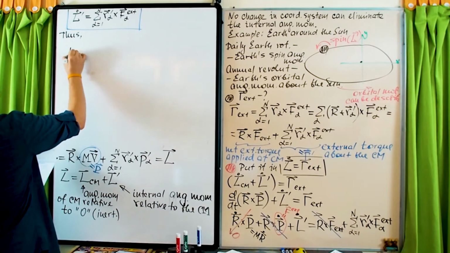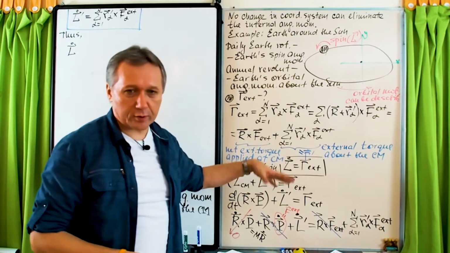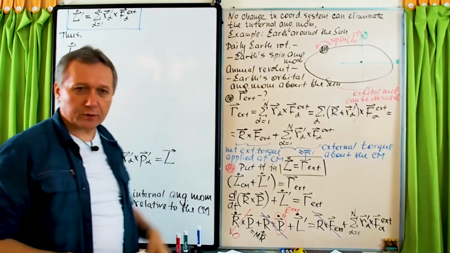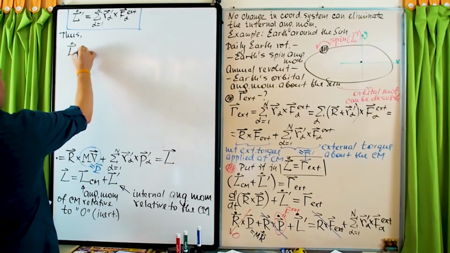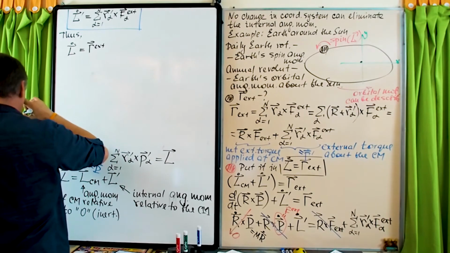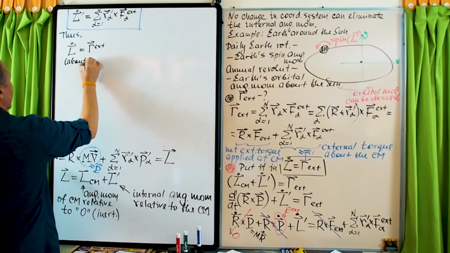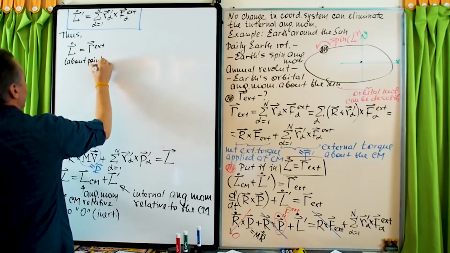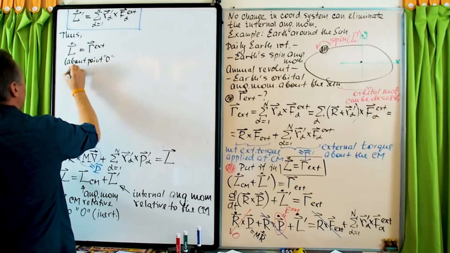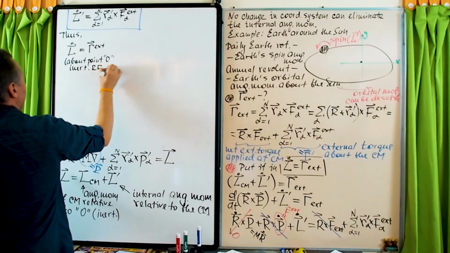So L dot, this is the total angular momentum, right? There are no subscripts, no primes, so it means the total angular momentum equals the net external torque, and again, about point O, that inertial reference frame, inertial RF.